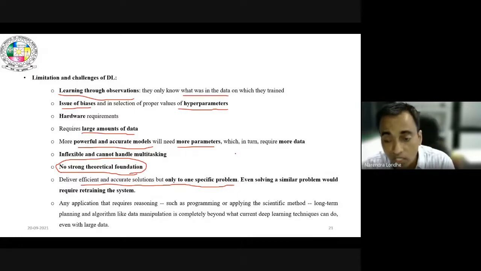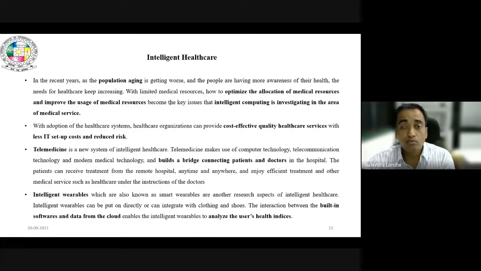That is what exactly you have to do. While doing that, there are many challenges involved, and you have to deal with those challenges while designing your DL architecture, right?